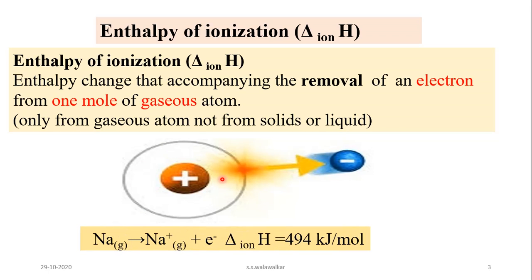For example, when 1 mole of gaseous phase sodium atom ionizes and gives 1 mole of gaseous phase sodium ion, 494 kilojoules of heat is required. That is the enthalpy of ionization of sodium.